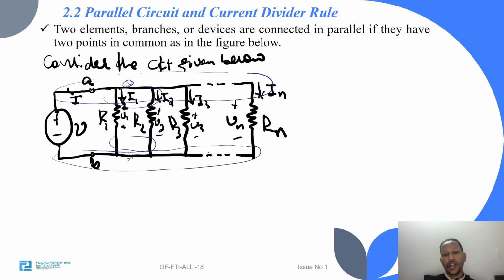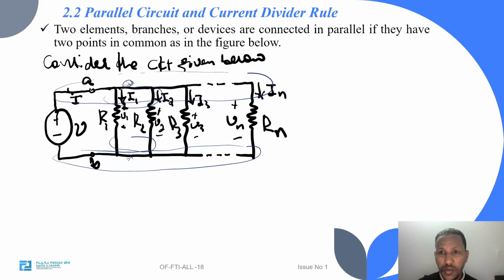So the elements are connected in parallel. This circuit has 2 nodes. As you can see, more than 3 elements are connected at the 2 nodes, node A and node B. So basically, this is the principal node.